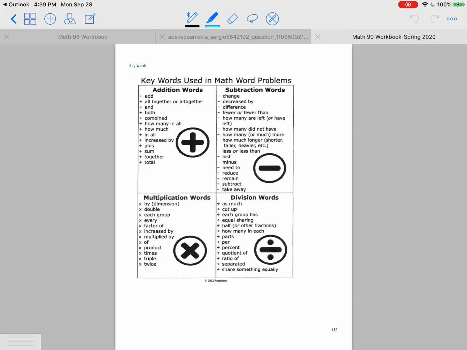So I'm going to just stop for a moment and go to that page here. I've attached that here. So here's the keywords in math problems, and you can see what this is broken down into is that each one of these computation operations has this set of keywords that we often see that would signify, oh, we need to add or we need to subtract, multiply or divide.